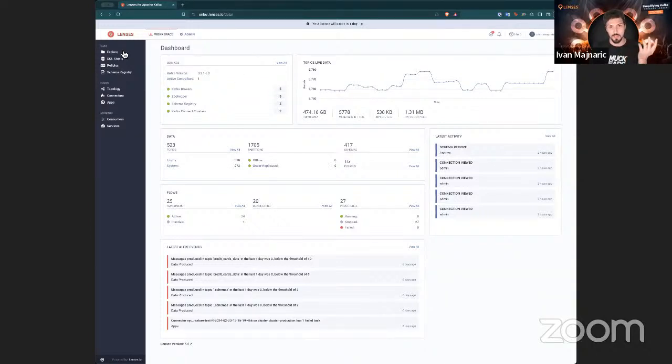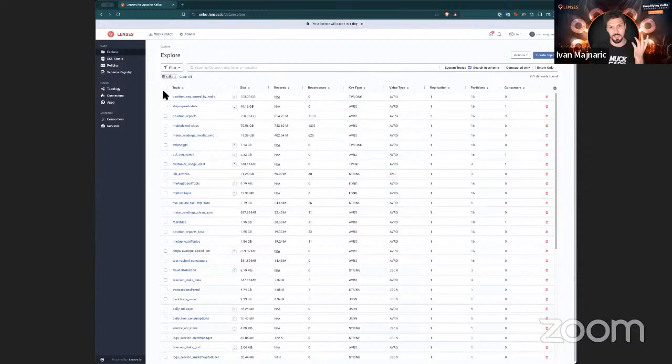And I figured out that there is one topic which is quite skyrocketing. For the use case, let's pretend it's this topic, position reports fast. It says it has around 2 GB of data, but in a real-world scenario, it can be 20 terabytes.